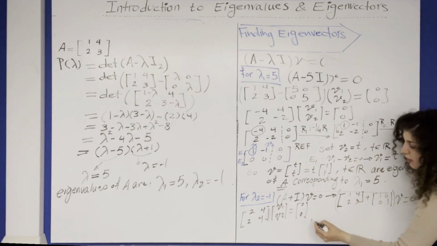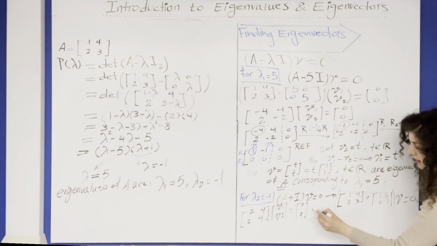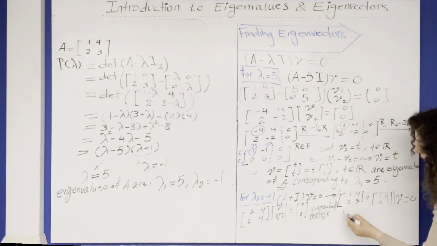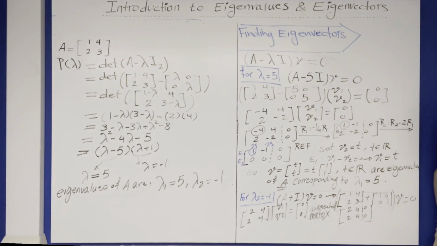And again, form the augmented matrix, right? So the augmented matrix is going to be 2, 4, 0, 2, 4, 0. And if you actually form the row echelon form, I'm going to skip this part. I'll leave it as an exercise to you. I know that you know how to use Gaussian elimination.